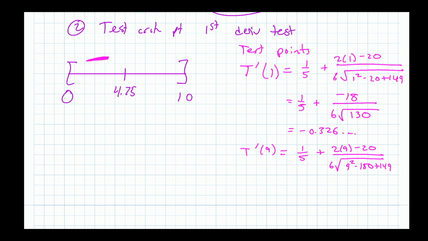So 1/5 minus 18 minus 20 is negative 2 over 6. Oh, I typed that in wrong on the last one, by the way.